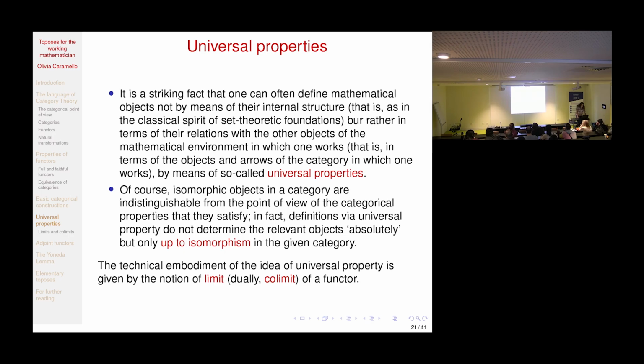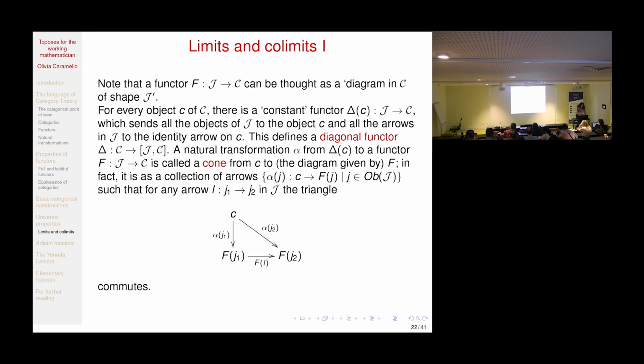So the technical embodiment of this idea of universal property is given by the notion of limit of a diagram in a category and the dual notion of colimit. So in order to define limits and colimits, one has first to formalize the notion of diagram in a category. So intuitively, what is a diagram in a category?